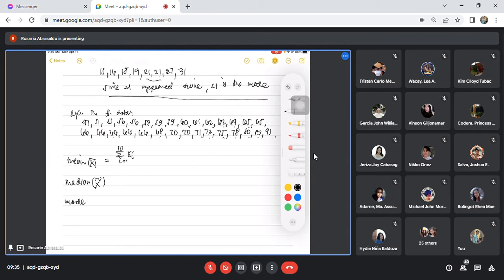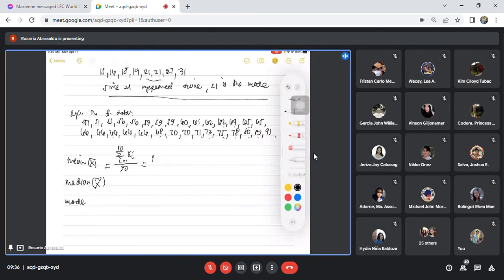Okay, over 30. Adding together, since addition is commutative, so calculate if you have your calculator to come up with the summation of x sub 1 to x sub 30.